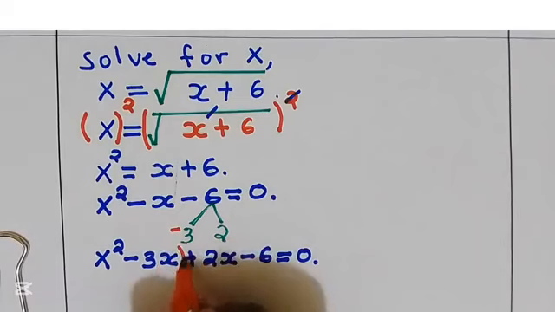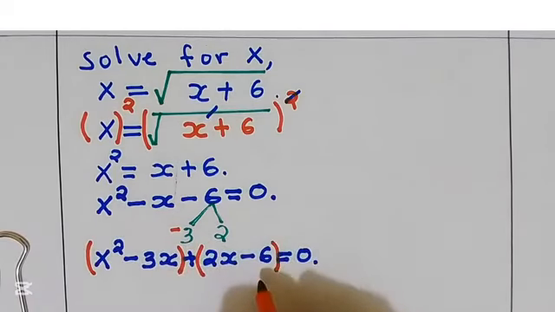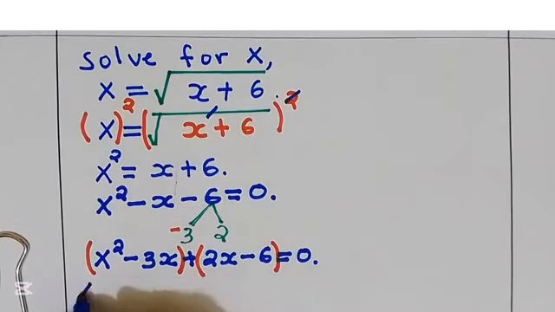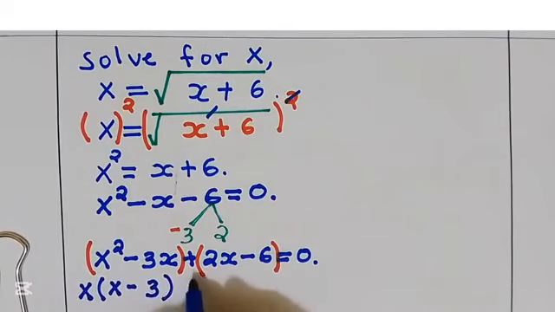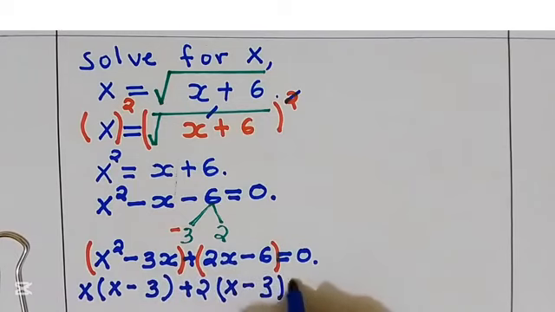We are going to factorize. I'm going to factor out x. I'll remain with x minus 3. We'll factor out 2. Here we're going to remain with x minus 3. This is equal to 0.